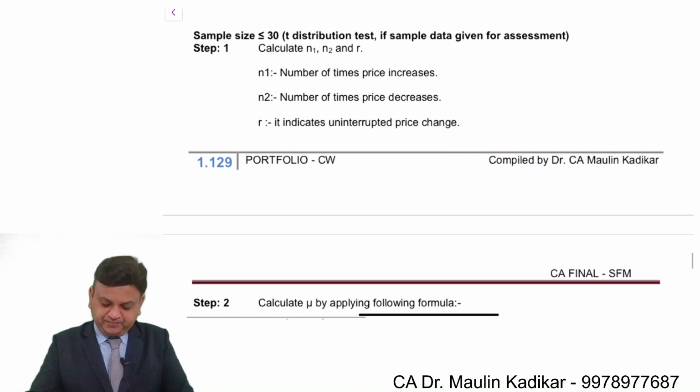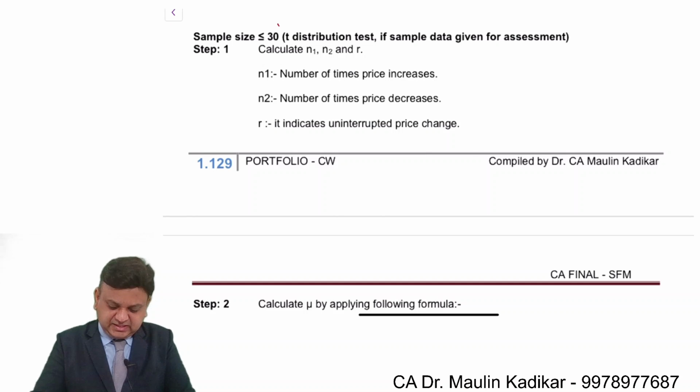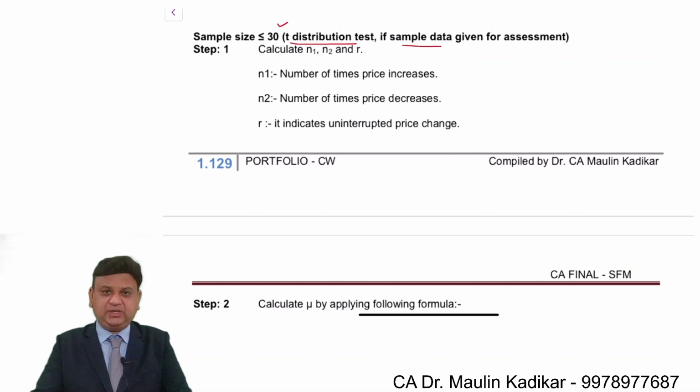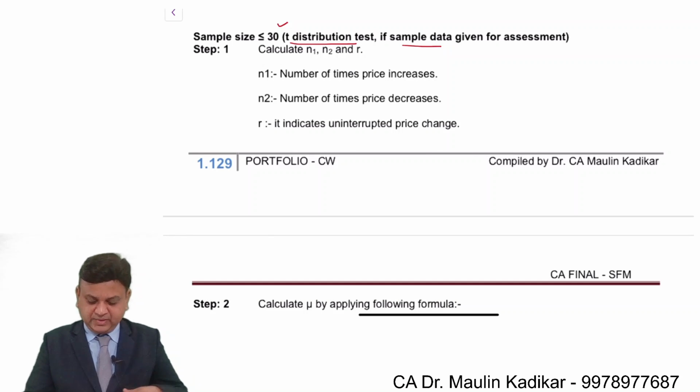Friends, if the number of observations is less than or equal to 30, then we will apply the t-distribution test if sample data is given for assessment. In this question, the question itself is providing sample data, so you have to apply the t-distribution test. In that, step number 1 is the calculation of N1, N2 and R. What is N1?